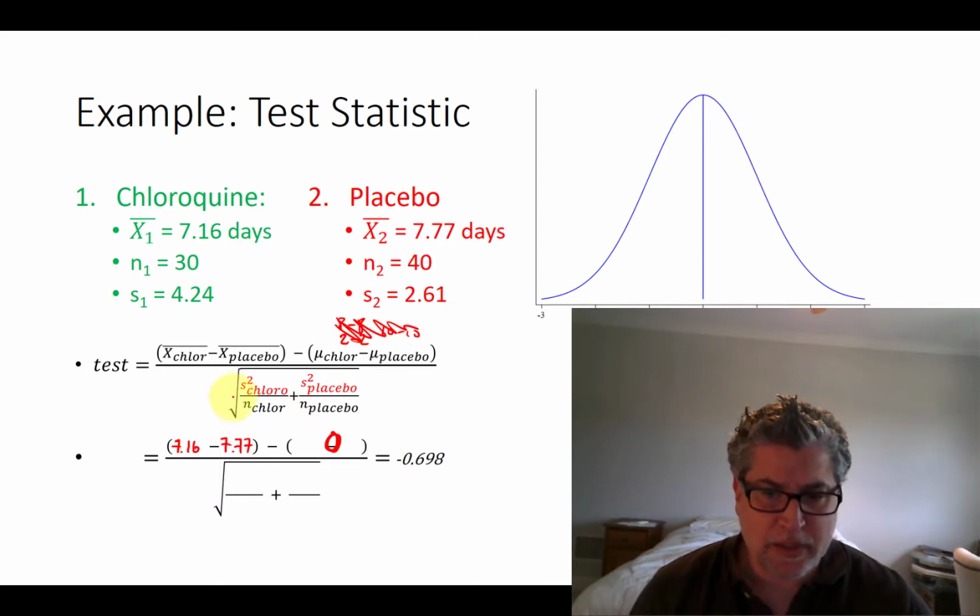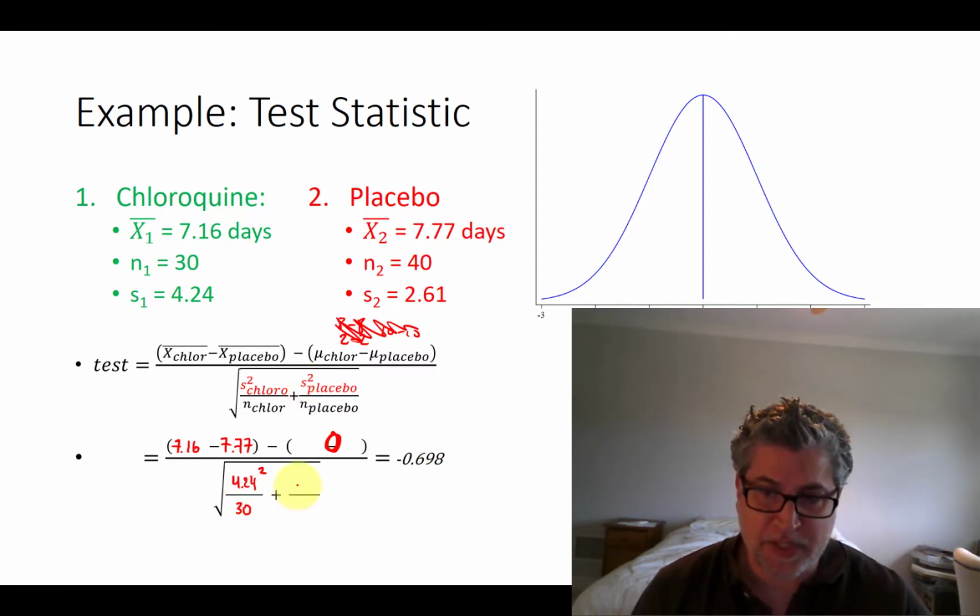So we plug in a 0 there. And now we need the sample standard deviation from the chloroquine. So that's 4.24. We need it as a variance, so we have to square that. The sample size from the chloroquine is 30.